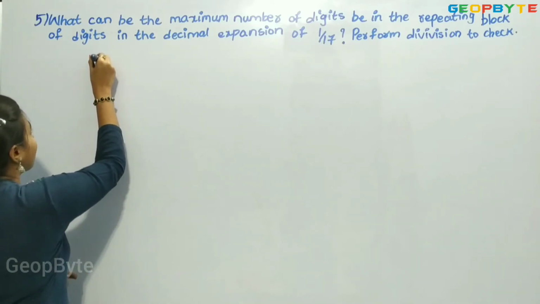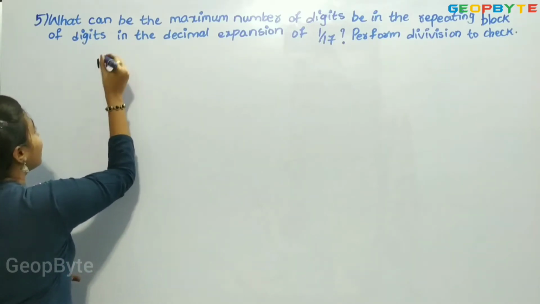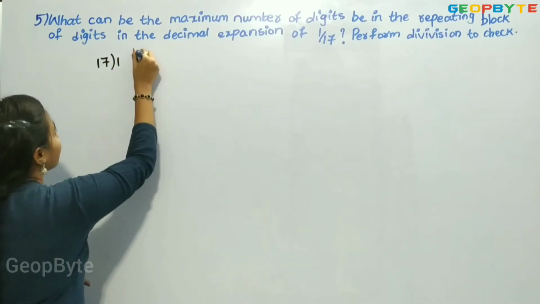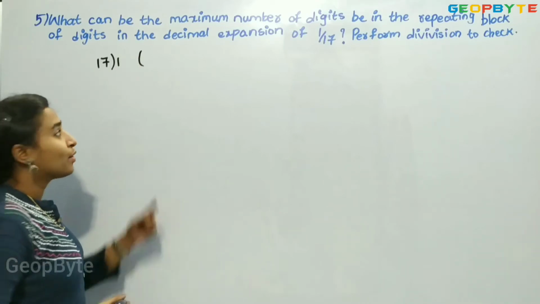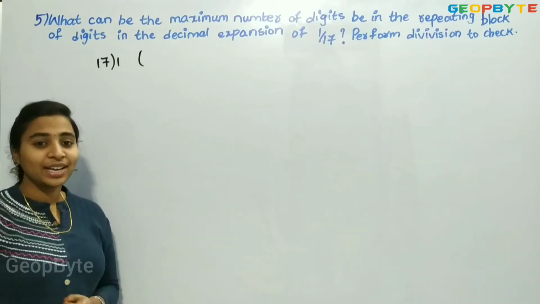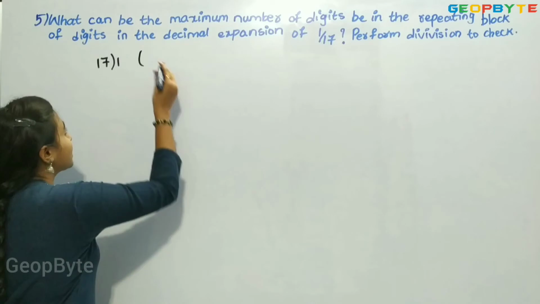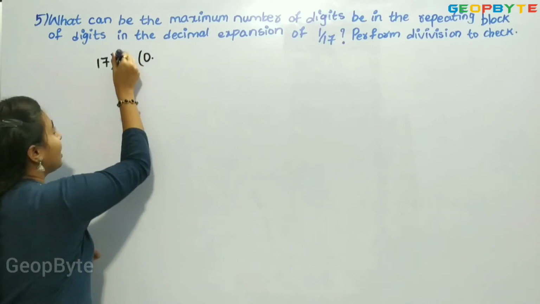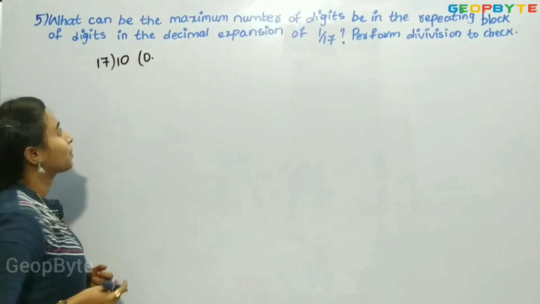So, 17 will be divisor and 1 will be dividend. 1 is smaller than 17, we cannot divide with 17. So, 0 point.